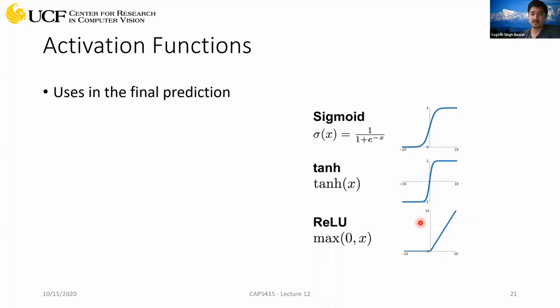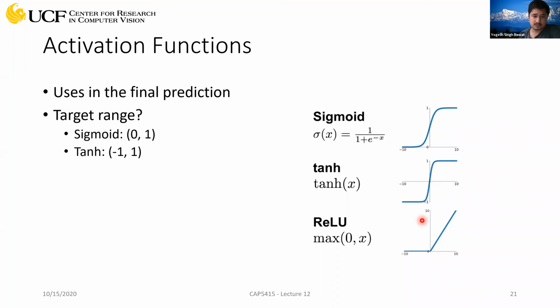Let's talk about some scenarios where they are useful. For example, if you are doing classification, you will say whether this class is present or not present, which means the target values will be either 0 or 1.